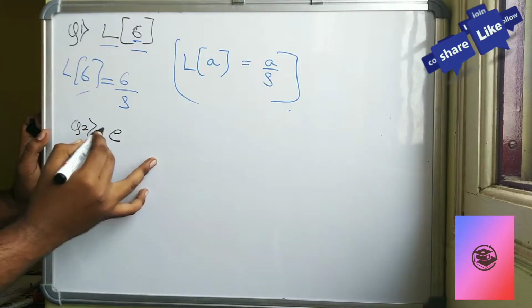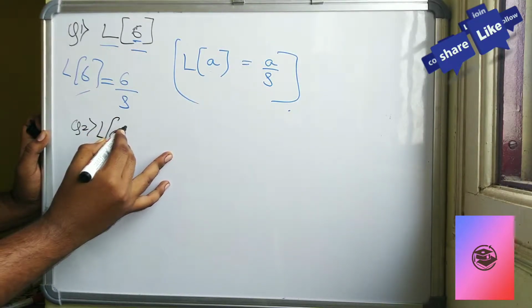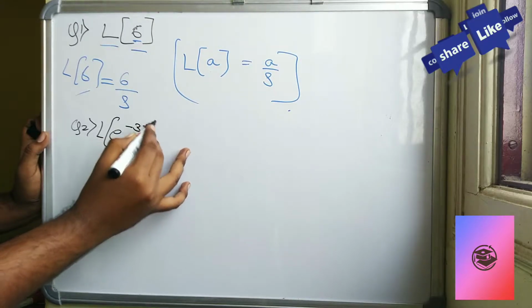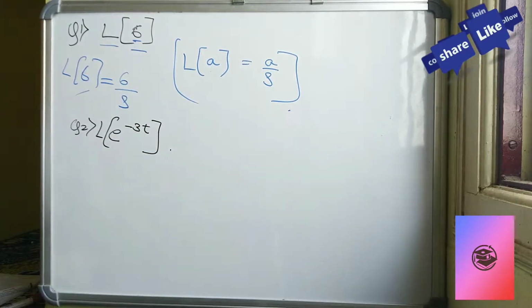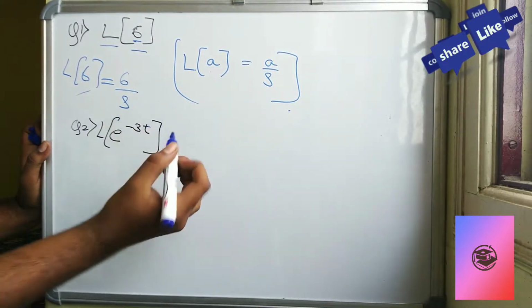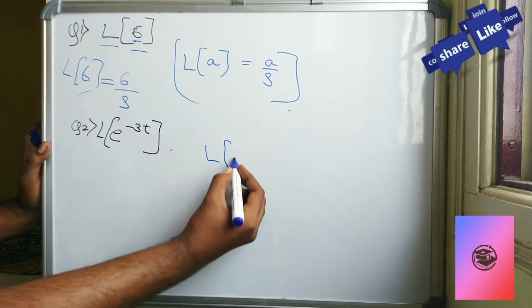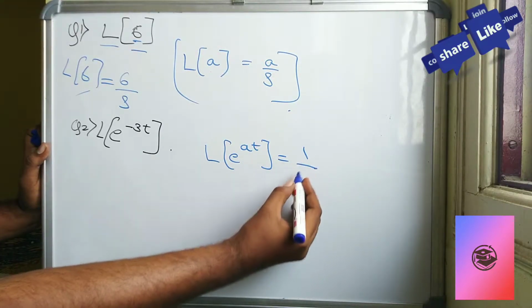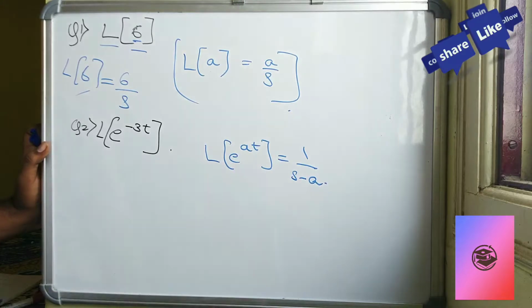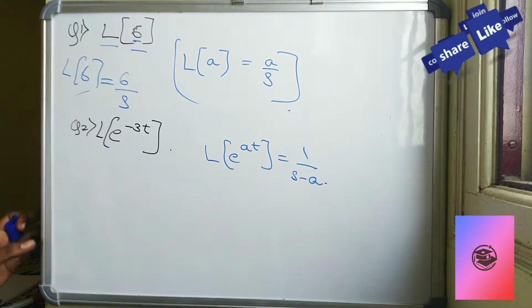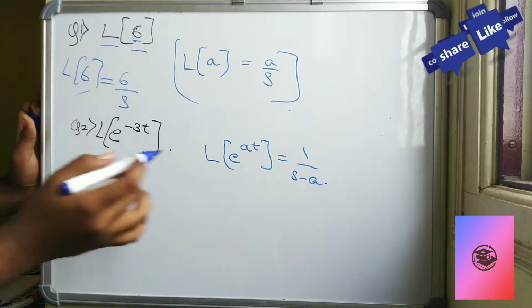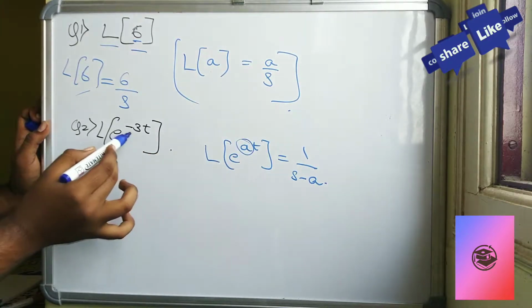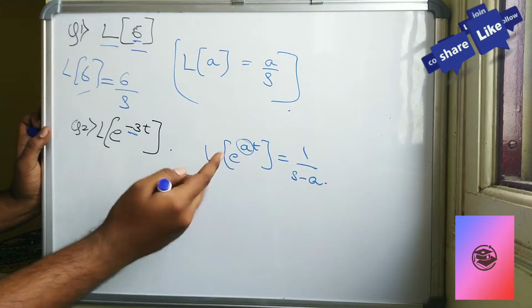Laplace transform of e power minus 3t. Here we know the standard formula: Laplace transform of e power at is 1 by s minus a. Now you observe that a is minus 3.